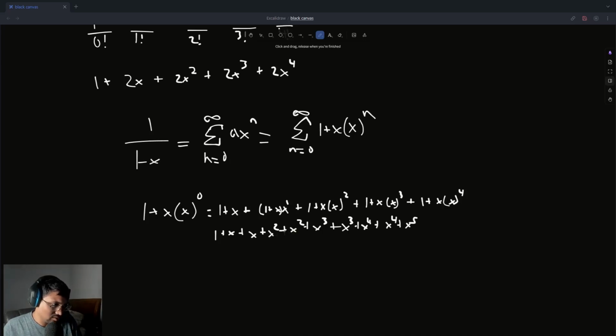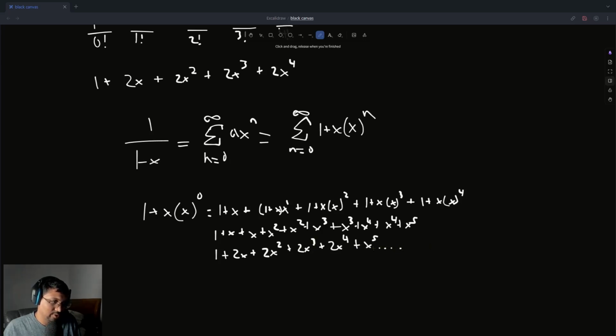We do see that there are quite a few repeating terms here. It's almost like a telescoping series. We're seeing that the middle terms are summing together. So we see that we have 1 plus 2x plus 2x squared plus 2x cubed plus 2x to the 4th plus x to the 5th.